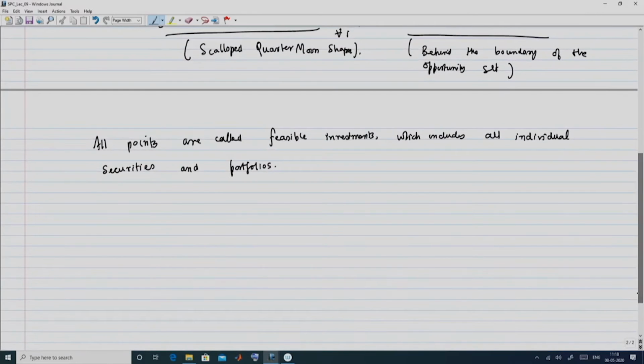Okay, so this brings us to Markowitz diversification, which forms the backbone of modern portfolio theory.